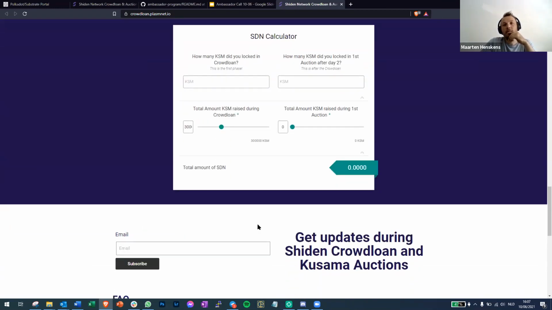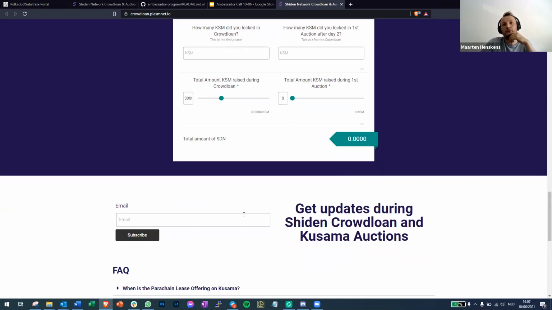We also have a small newsletter here at the bottom, so users can join a mailing list instead of joining or watching Telegram or Discord or Twitter. They can just put in the email here. So in case anyone is asking about this, you can refer to this part of the one pager.